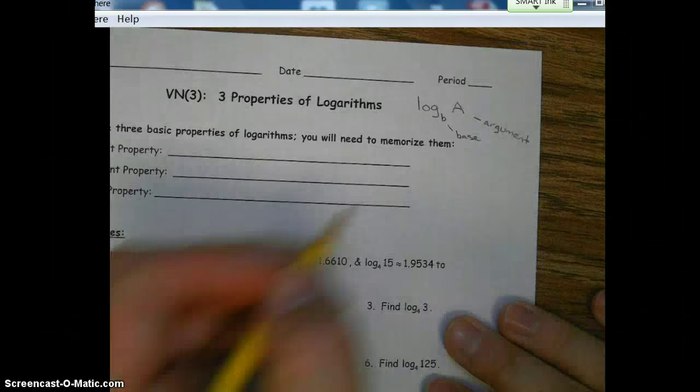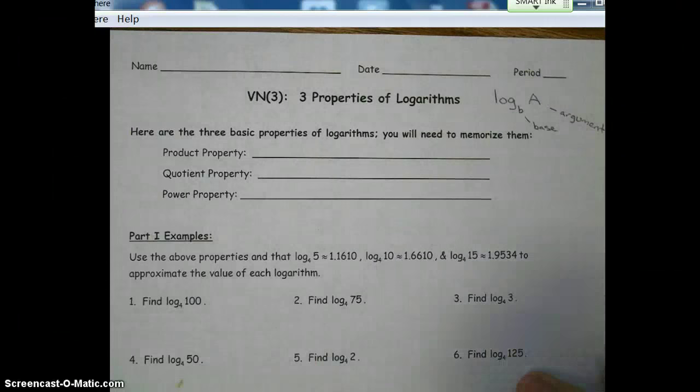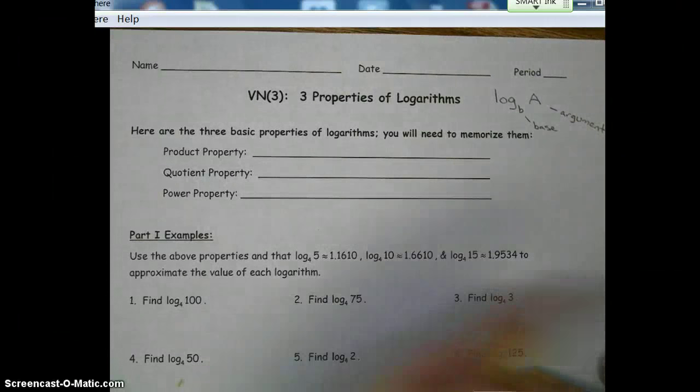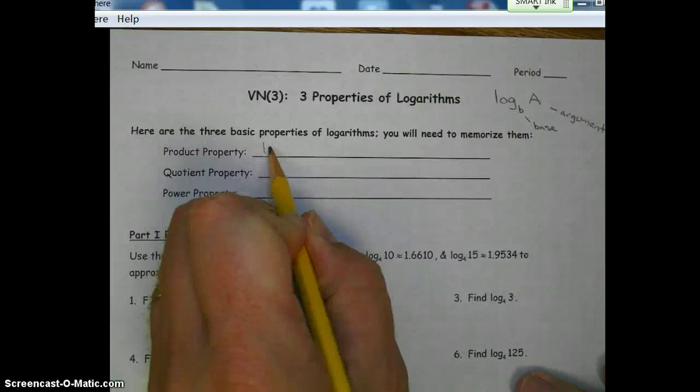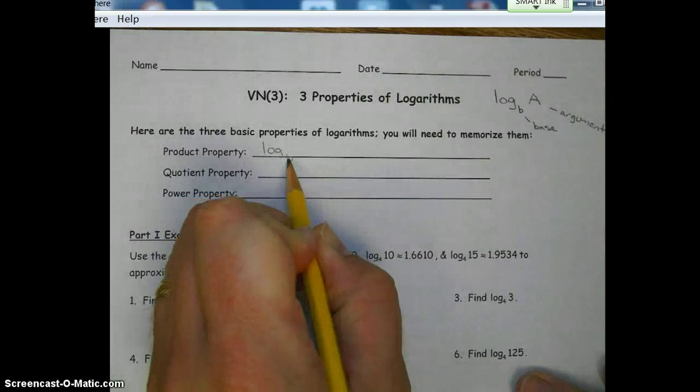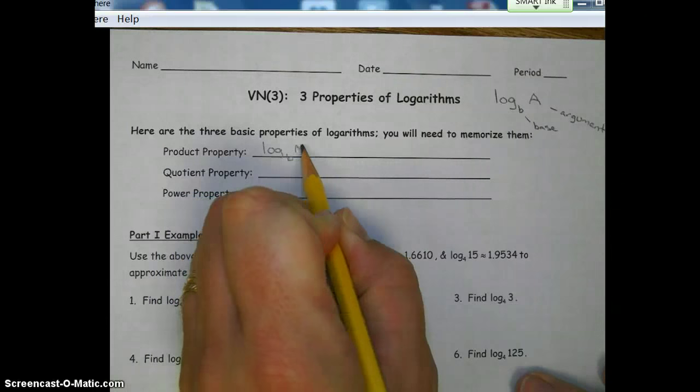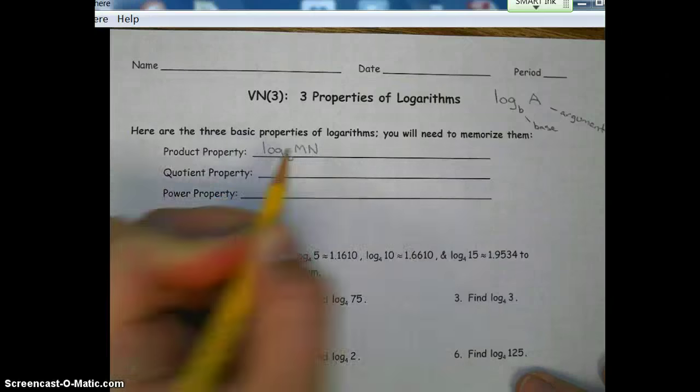And then let's go ahead and look at the three properties of logarithms that you're going to need to know. Okay, the first one, we have log base B of m times n.